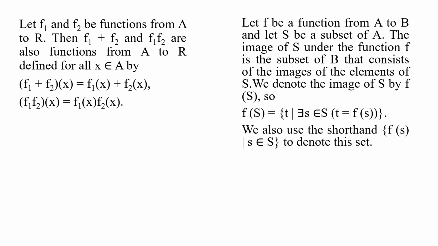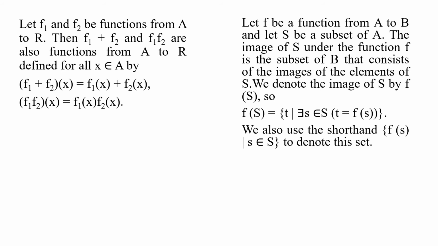Another concept that needs to be clarified. Let f sub 1 and f sub 2 be functions from A to the real numbers. Then the sum of the two functions is also a function from A to the real numbers, defined for all x elements of A. So you have the quantity f sub 1 plus f sub 2 of x is equal to f sub 1 of x plus f sub 2 of x.